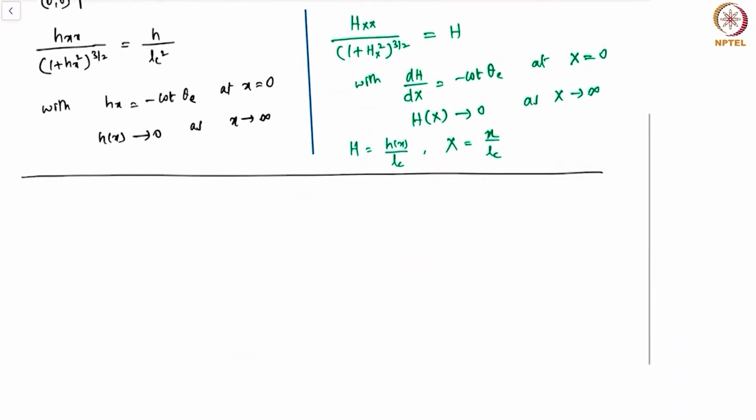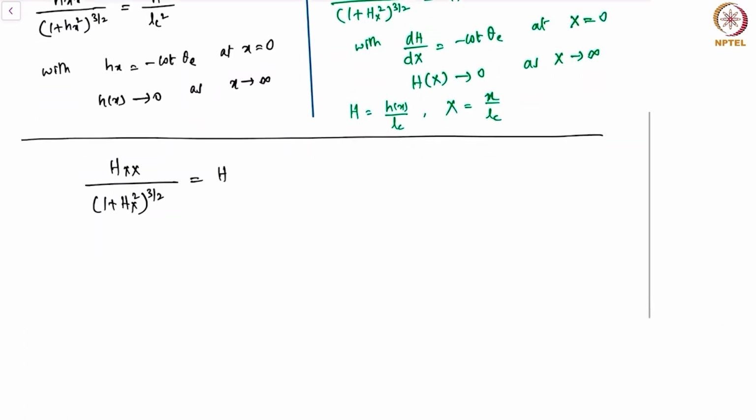So let us begin by looking at the equation that I've written on the right hand side. The equation that we have is hxx by (1 plus hx square) whole power 3 by 2 is capital H. Now we can multiply the equation with hx.